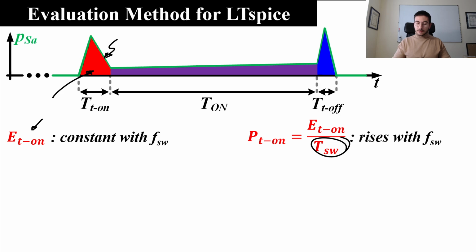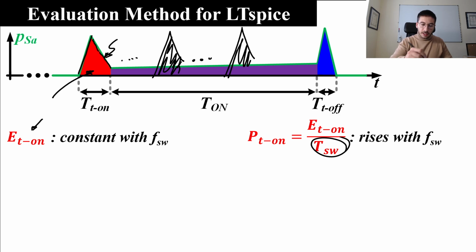So essentially, turn on power losses rise with the switching frequency. Basically, because imagine that we turn on the device here, we have some time, we turn off the device, and then we turn on the device again here, and sometime we turn off the device and turn it on again.